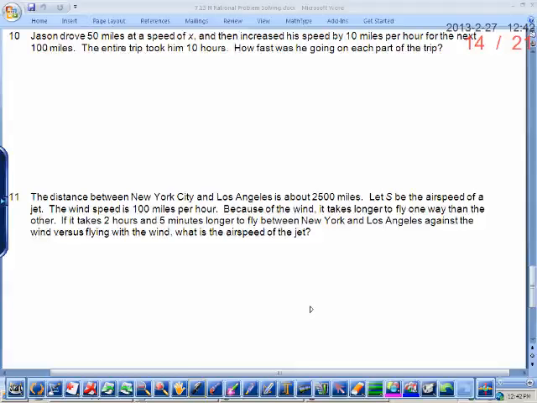So we know our equation, distance equals rate times time. But this time we know the total time, right? Anytime you know the total time, you want to think now about the equation t equals distance over rate. All I did was divide both sides by r.